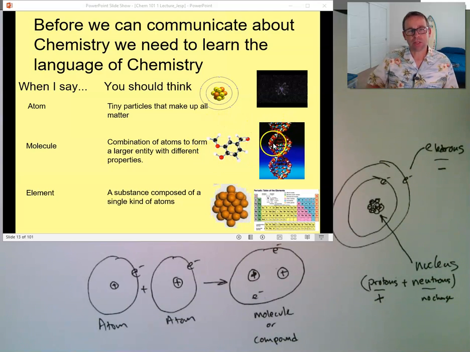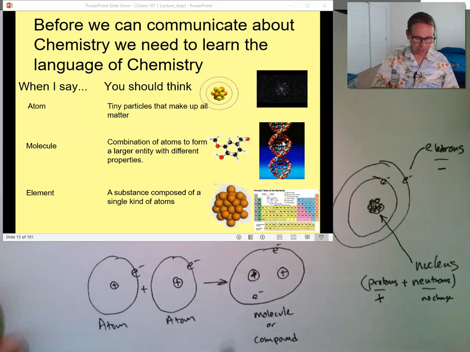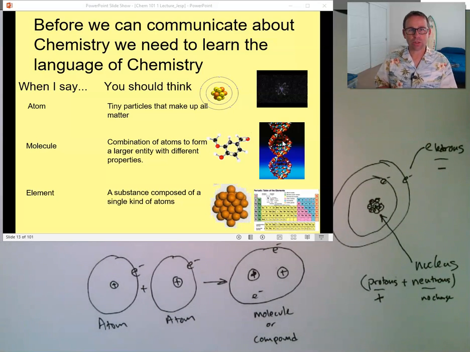This over here is a molecule of DNA. DNA is a molecule. And now, I don't know if you know anything about DNA or have heard that before, but it's a really big molecule. So molecules can be really big. All right, but molecules are combinations of atoms. Compounds, also a way to describe a combination of different atoms together.